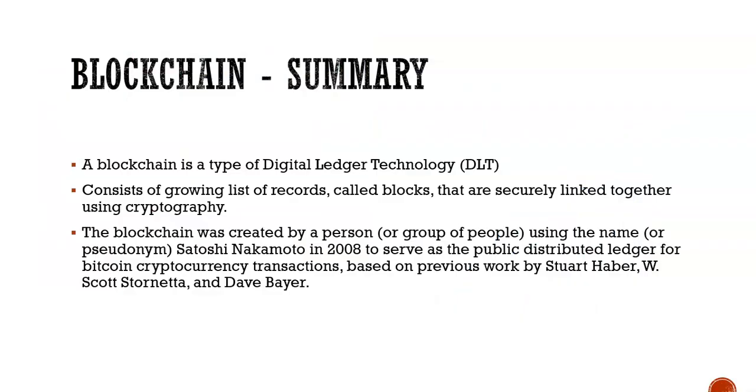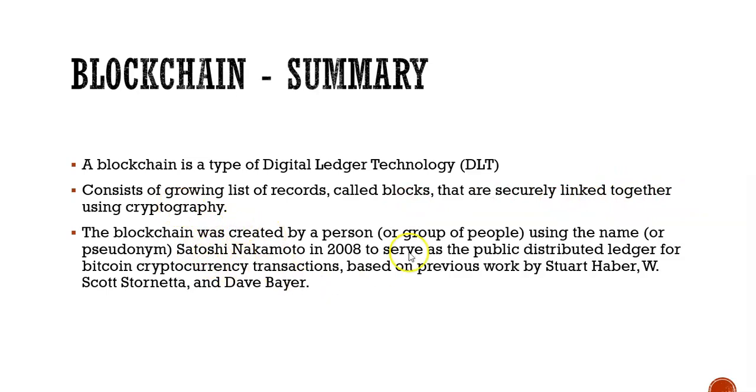We're learning about Bitcoin and how Bitcoin works, and also how blockchain works and what the components of the blockchain are, everything in the further videos. So in a nutshell, we can say blockchain is a digital ledger technology with a continuously growing list of records, where these records are grouped into blocks, and these blocks are linked together using cryptography.